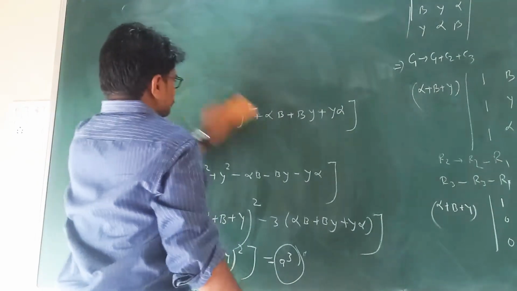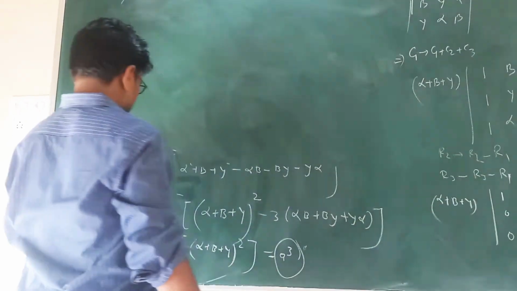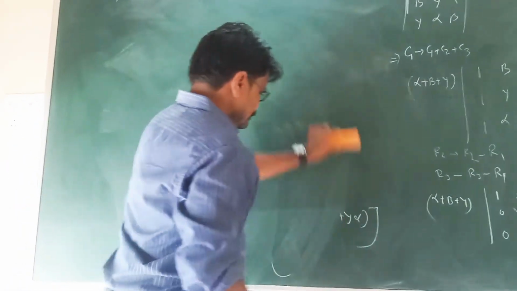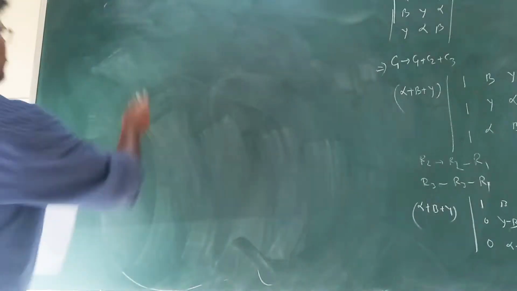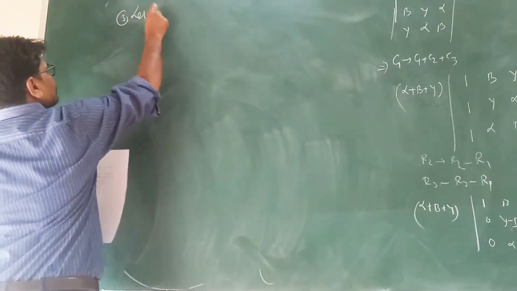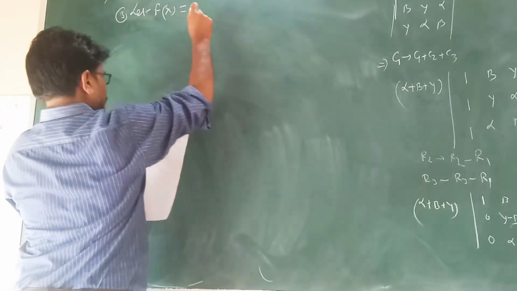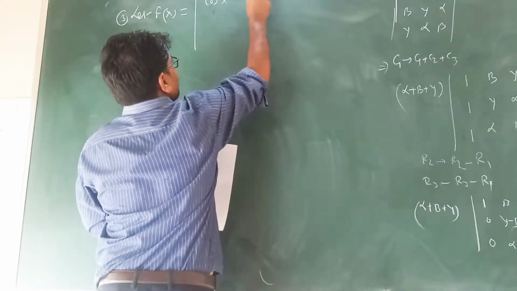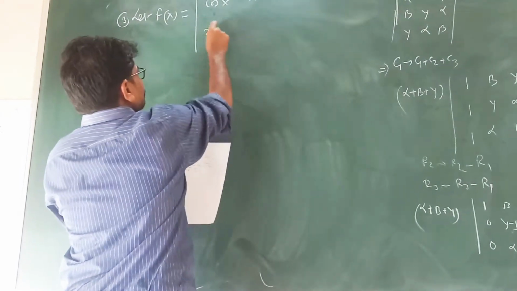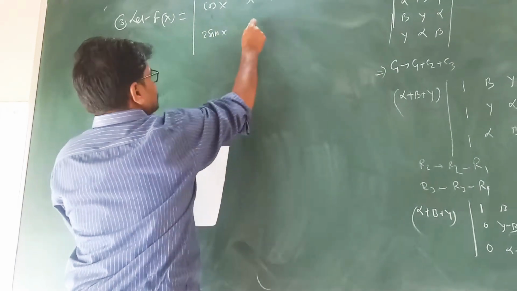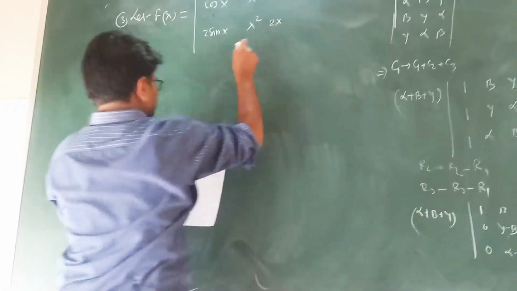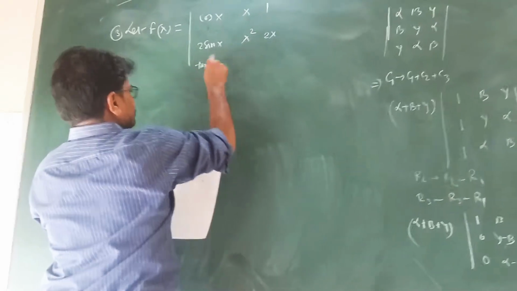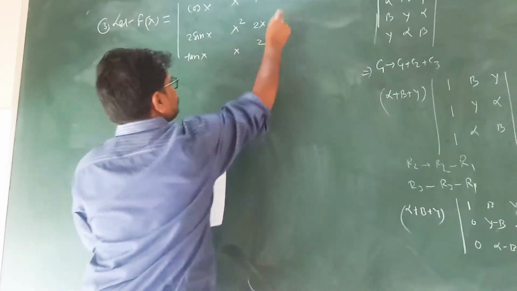Okay, third one is this one. Let f of x equal to the determinant with rows cos x, x, 1; 2 sin x, x square, 2x; tan x, x and 2.